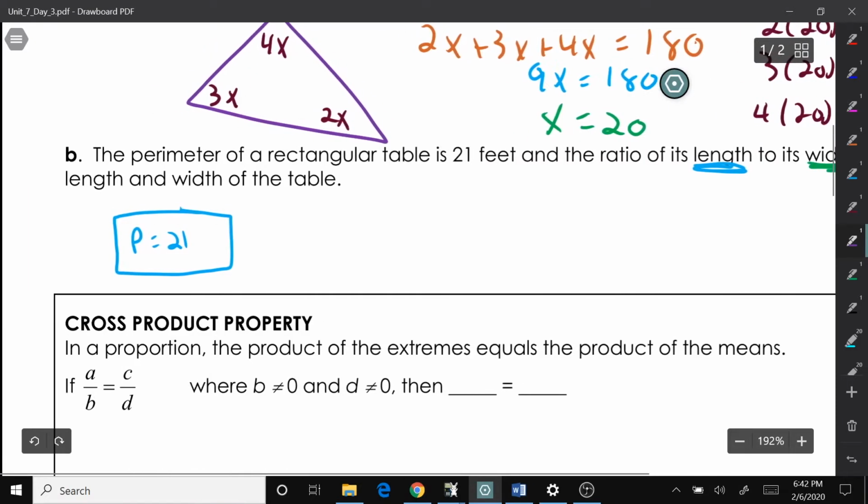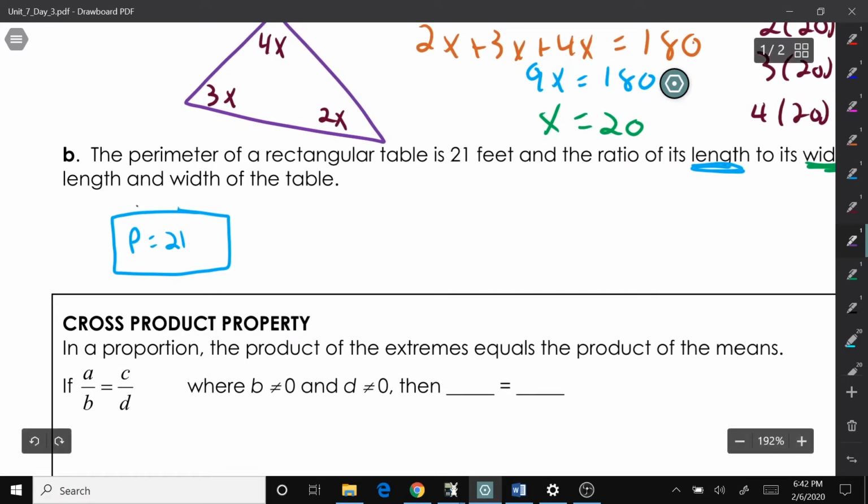So over here in my picture, I'm going to say that the length is 5x and the width is 2x. Now since this is a rectangular table, it says right here, that means the width over here on the other side is also 2x.